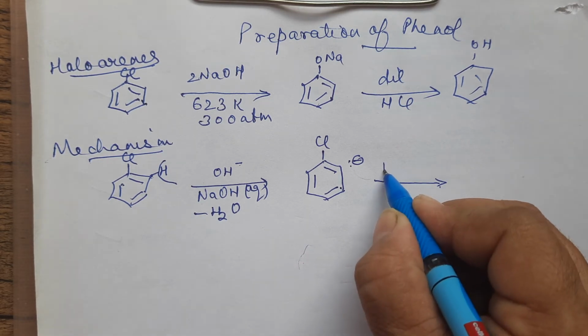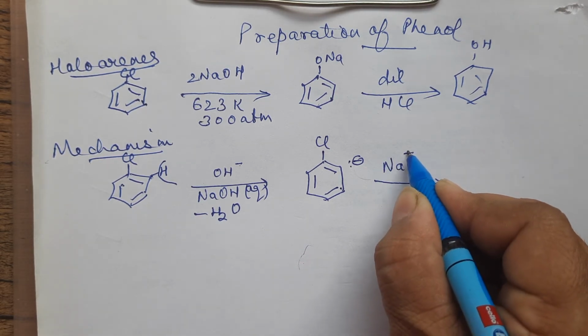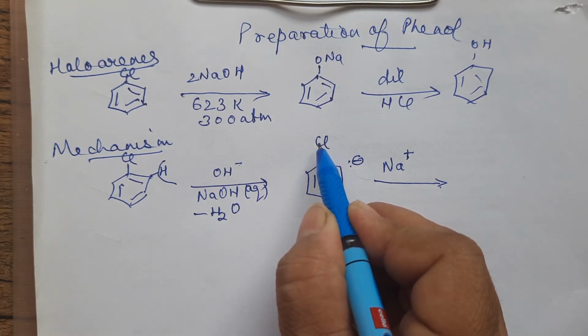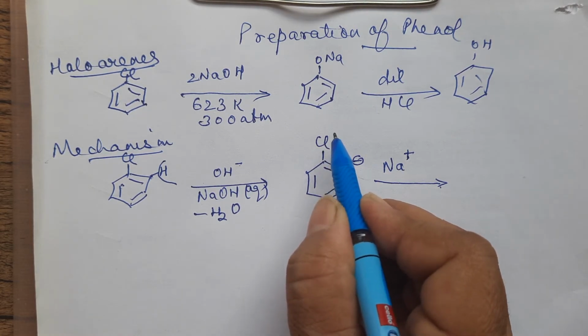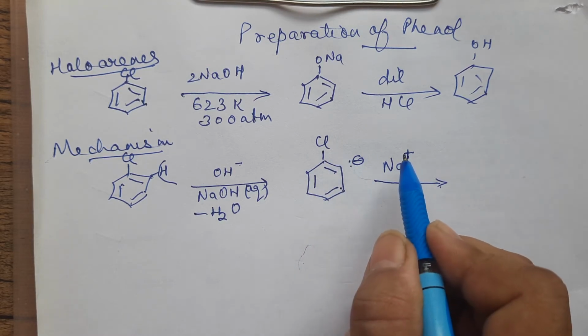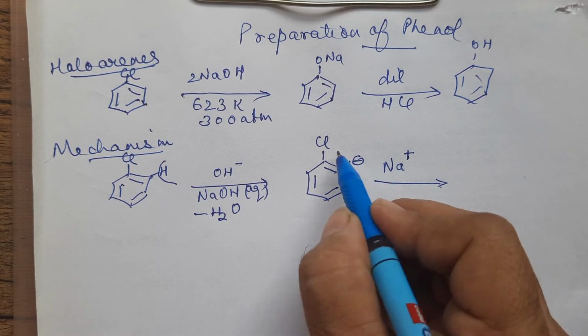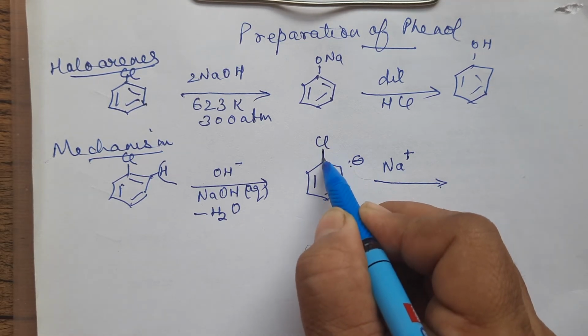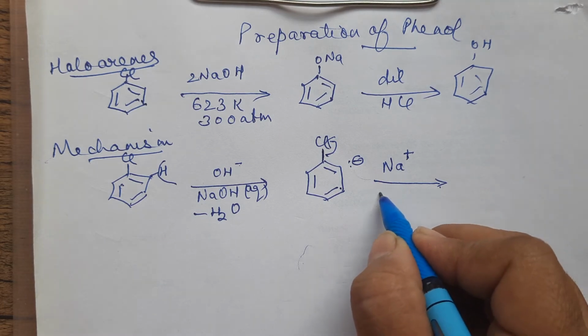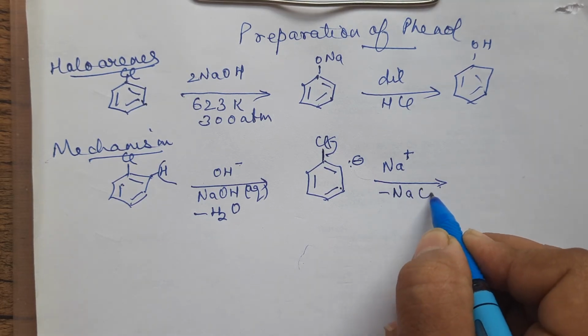This Na plus will try to take the Cl minus from here. So between Na plus and Cl minus there will be some attraction. This Cl will take away this electron and come out as Cl minus. So minus NaCl we will write.